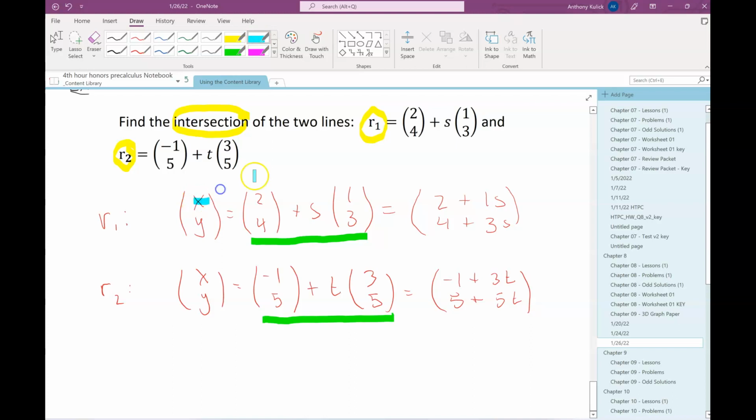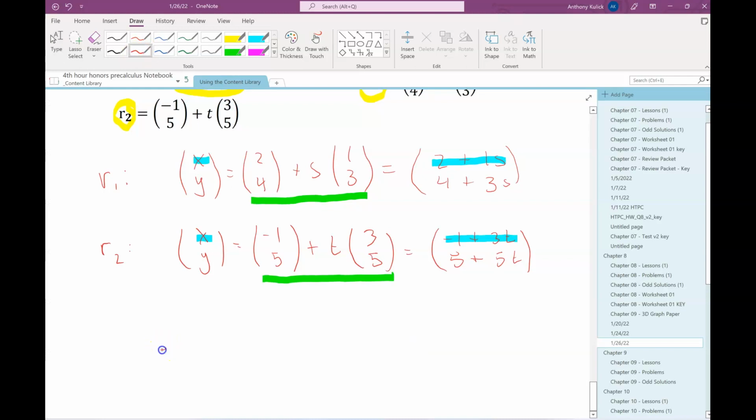What I'm going to notice here is that x has to equal 2 plus 1s, and x also has to equal -1 plus 3t. So I can say 2 plus 1s has to equal -1 plus 3t. And then similarly, y, I can do the same thing.